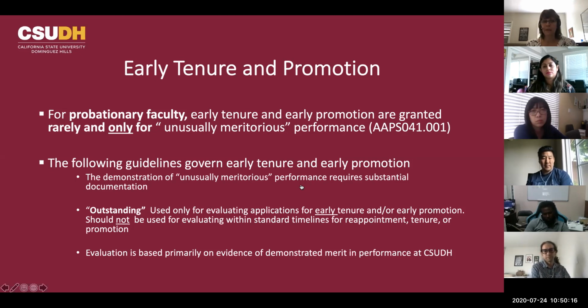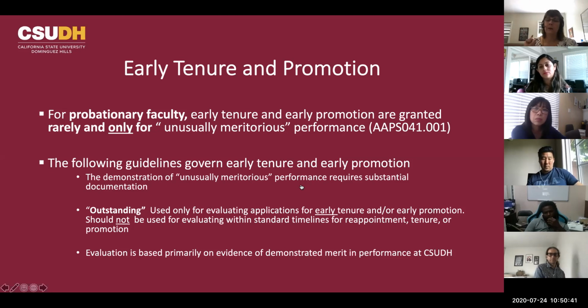This is also just a good reminder: per university policy, the highest rating you can get for a full review or regular tenure, not early tenure and promotion, is satisfactory.